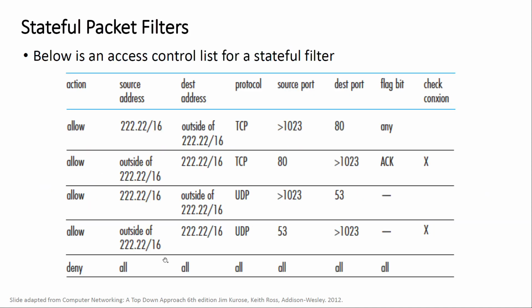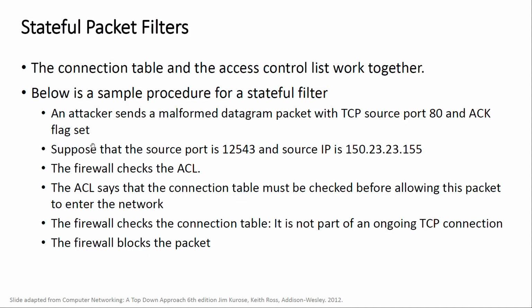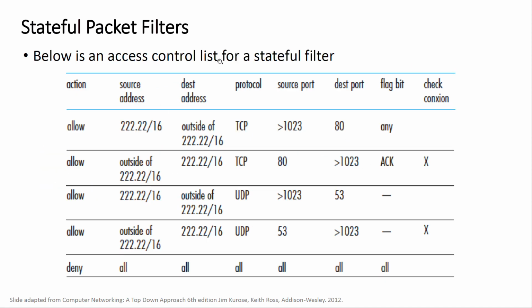So maybe let's clarify it again. If this is the packet sent by the attacker, the firewall will allow it at first because it matches this rule: there is an ACK flag bit and the destination port is larger than this, so your ACL filter allows it.